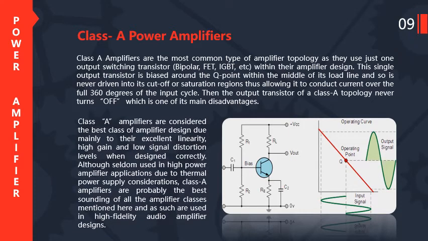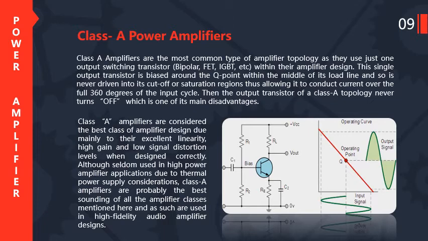Class A amplifiers are considered the best class of amplifier design due mainly to their excellent linearity, high gain and low signal distortion levels when designed correctly.